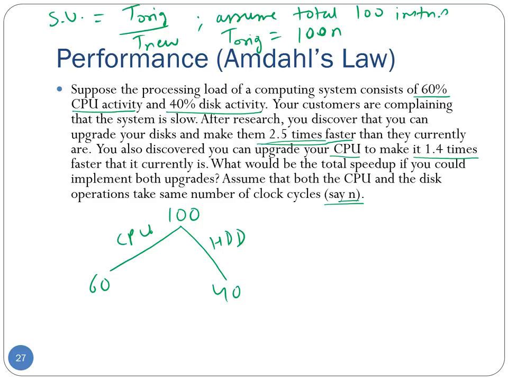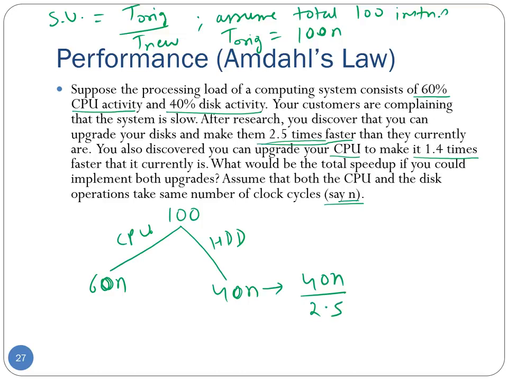Originally, the 60 instructions will take 60n time, and the 40 instructions will take 40n time. Now if you can upgrade the hard disk 2.5 times, the new time will become 40n divided by 2.5, because you have sped up the hard disk by a factor of 2.5.